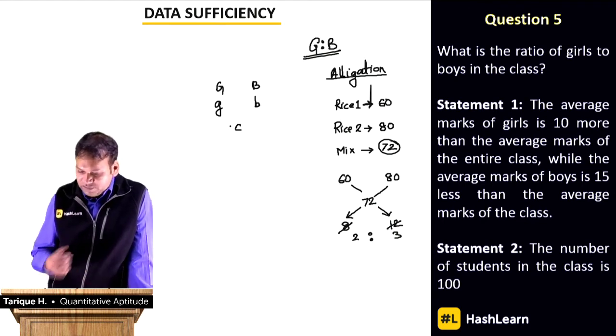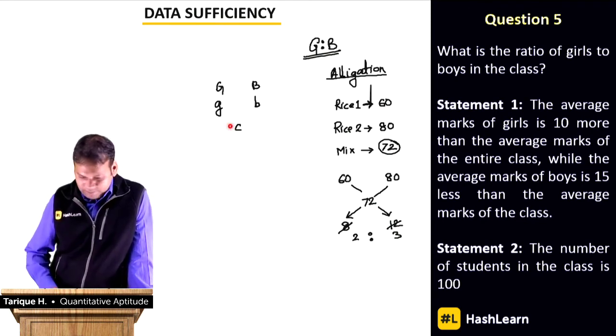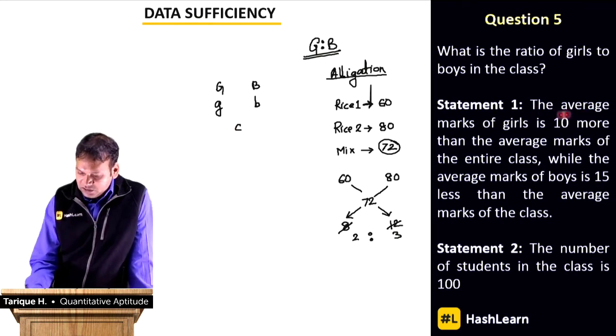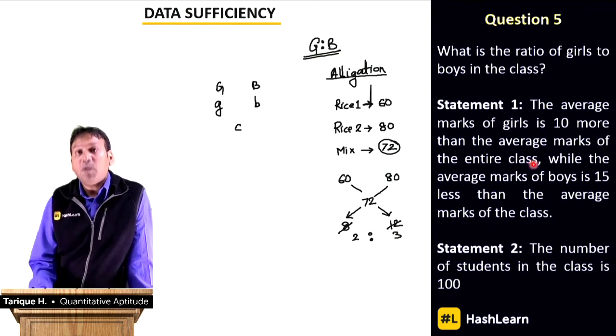Average marks of girls is G, average marks of boys is B, and average marks of the entire class is C. Now what is given in the question? The average marks of girls is 10 more than the average marks of the entire class.